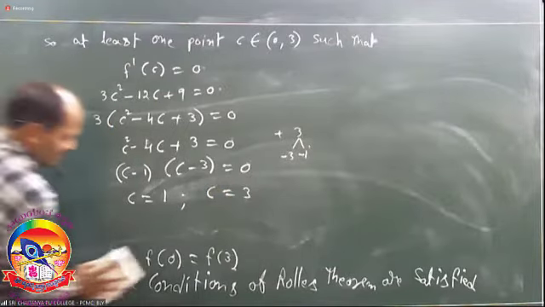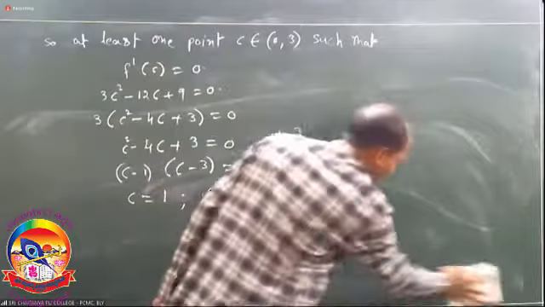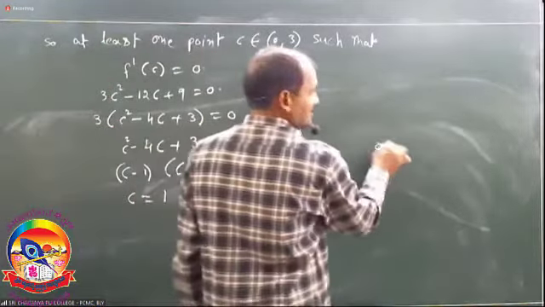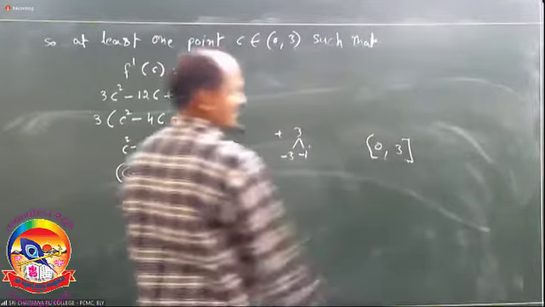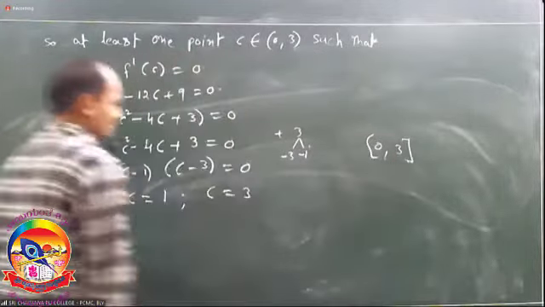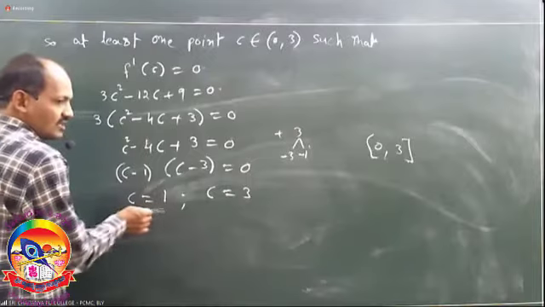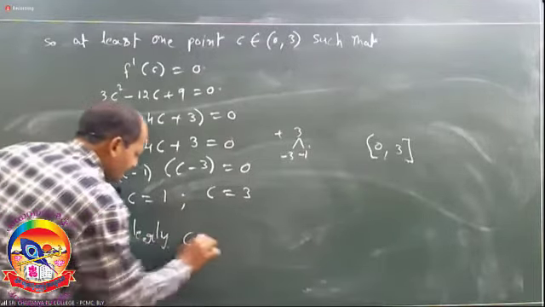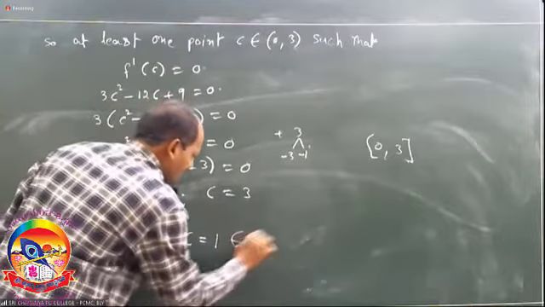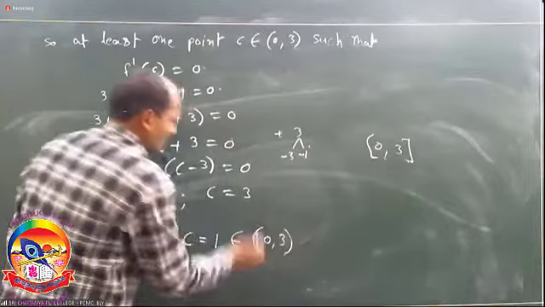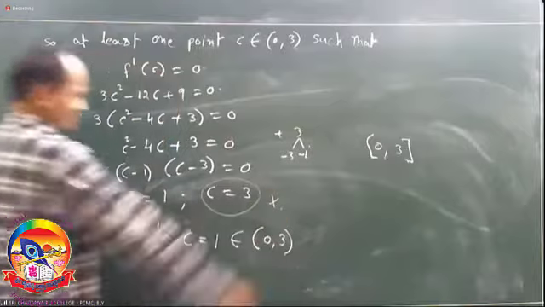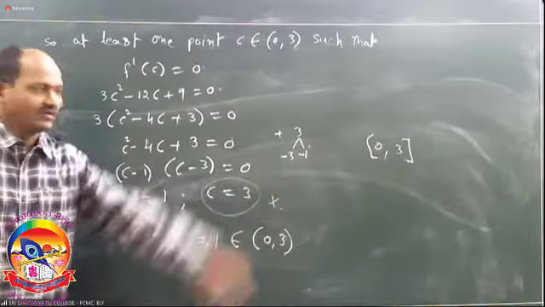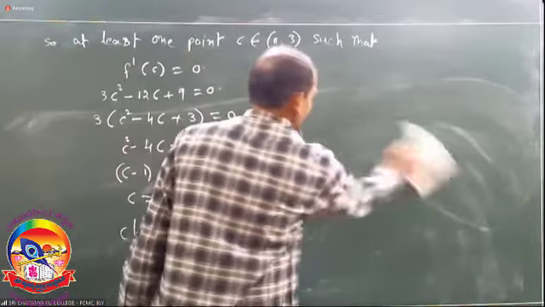But the c value must be in between the given interval. The given interval is 0, comma 3. In between this, the value 1, that is 1 only. So clearly c is equal to 1. It is in between 0, 3. Don't consider the 3 value. Clearly c is equal to 1, that is in between the given interval 0, 3.